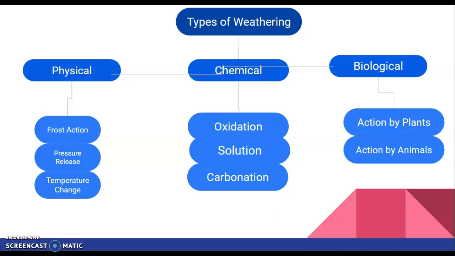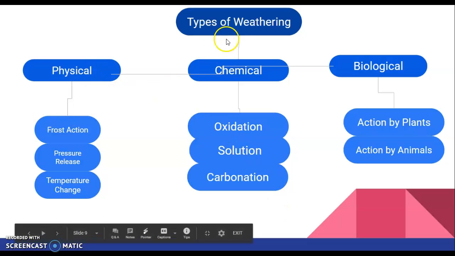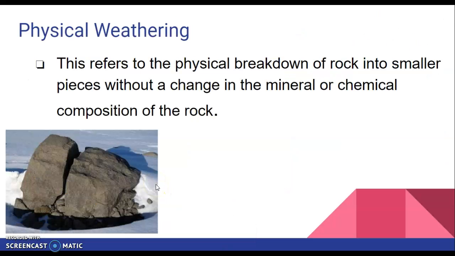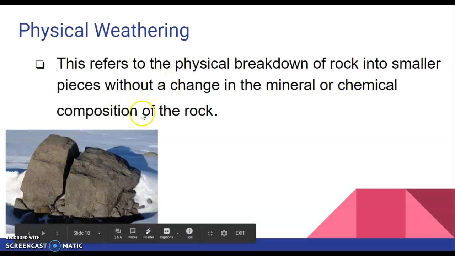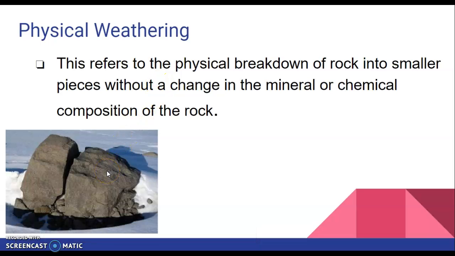So what we're saying here, based on these types of weathering, is that rocks can be broken down physically, chemically, and biologically. Now, what do we mean by physical weathering? This is where the rock basically breaks down from a large block into smaller pieces without chemical change or without the influence of plants and animals.